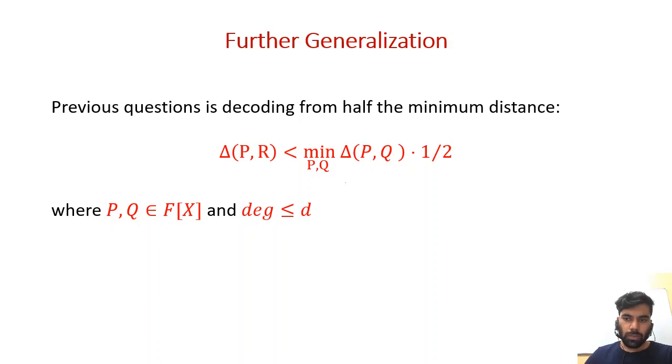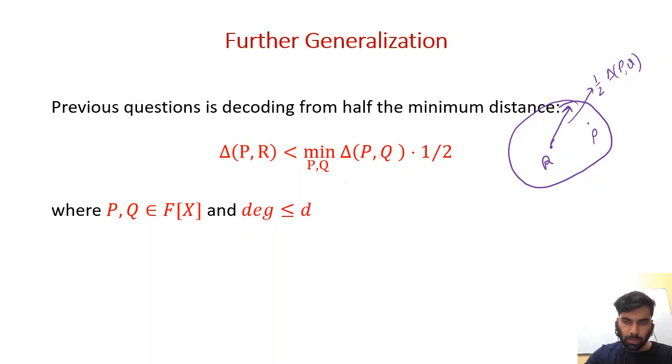We can generalize this question even further. Till now, we've been asking just the following question. That is, we have a word r, and we would like to find the polynomial p which is closest to r, which is within distance half of the distance between p and q, where q is the closest code word to p. Maybe let's say q resides somewhere over here. But we can always generalize this.